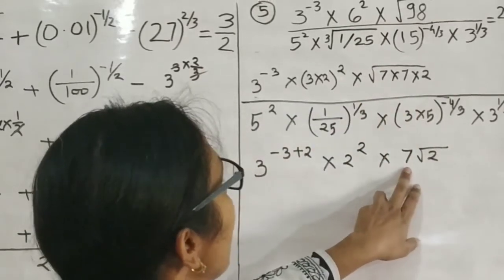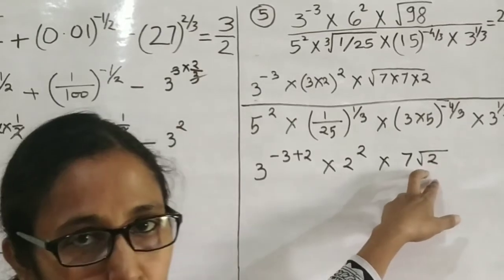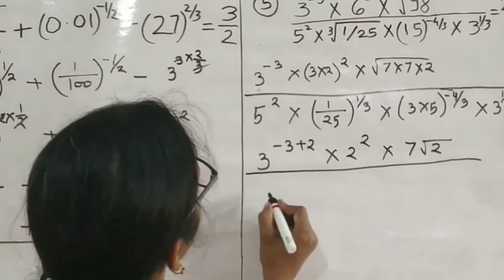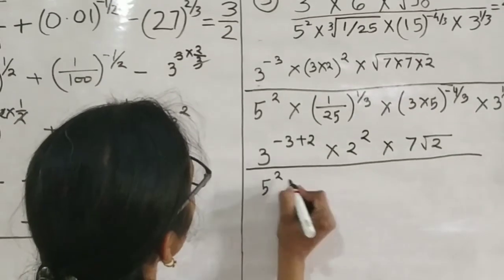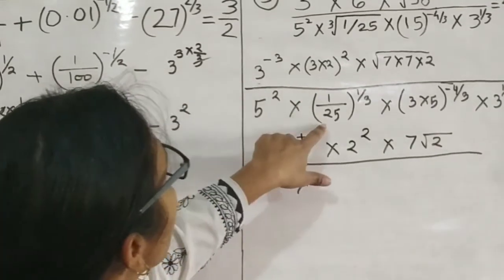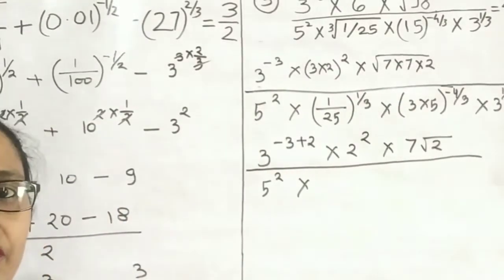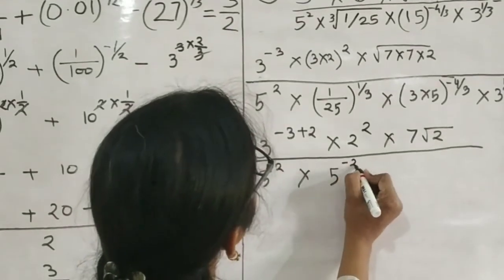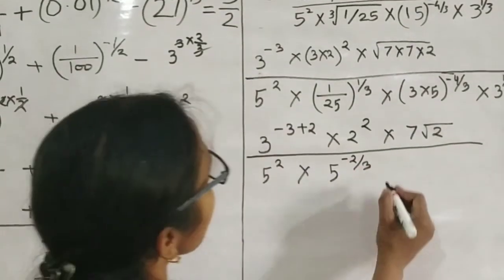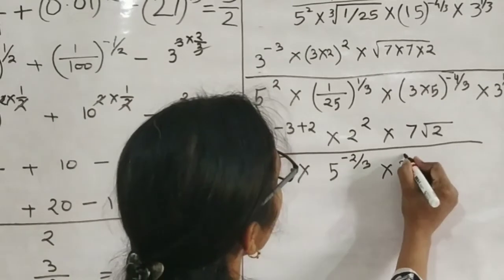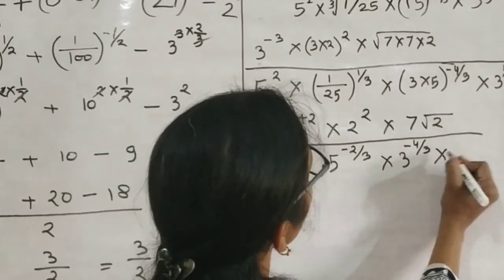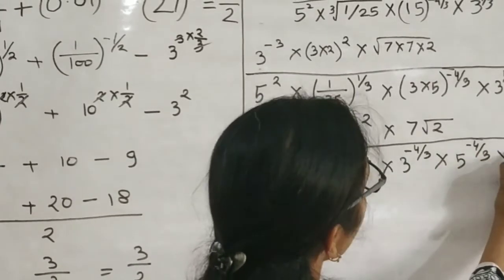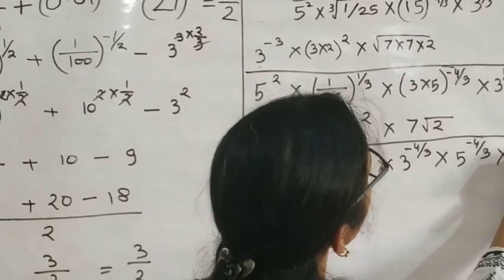So, we can write it as 7 under root 2 upon 5 power 2 into 1 upon 25 means 1 upon 5 power 2 means 5 power minus 2 upon 3 into 3 power minus 4 upon 3 into 5 power minus 4 upon 3, 3 power 1 upon 3.